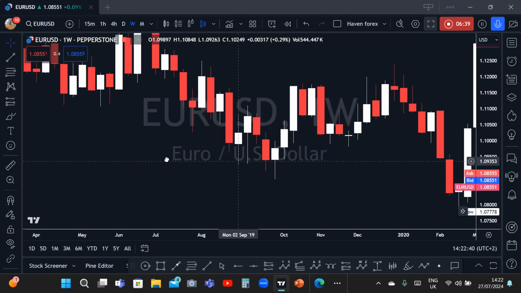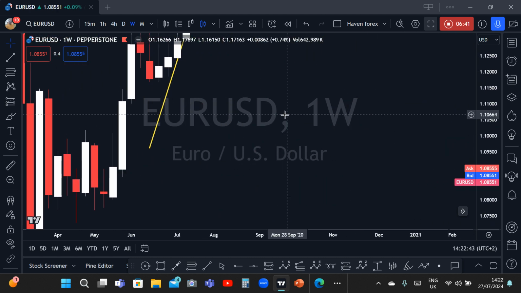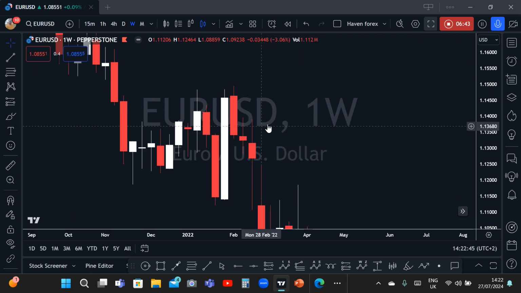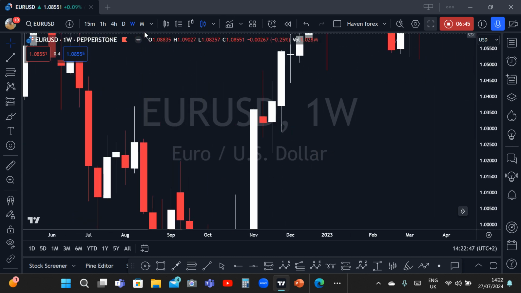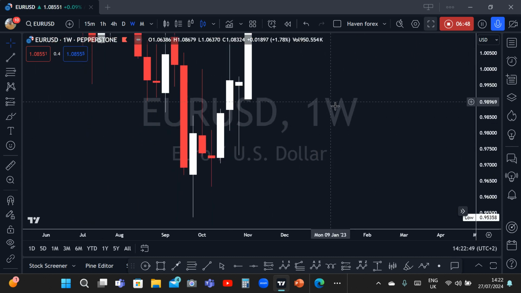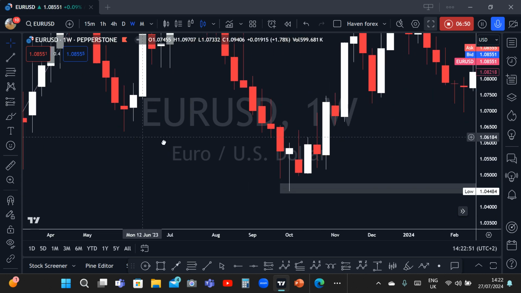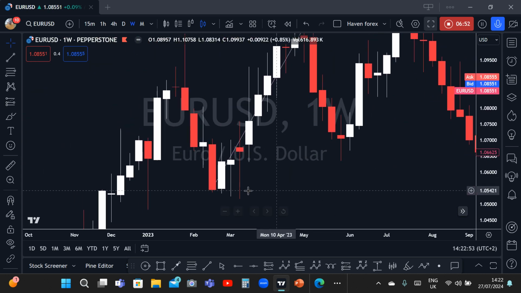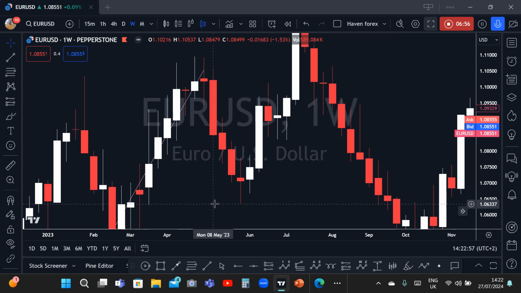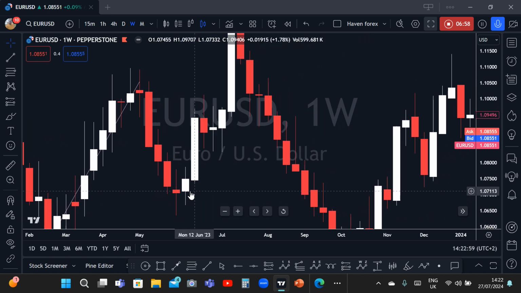Now, if I take you guys to this very place, you can see it clearly here. This is a bullish candle.